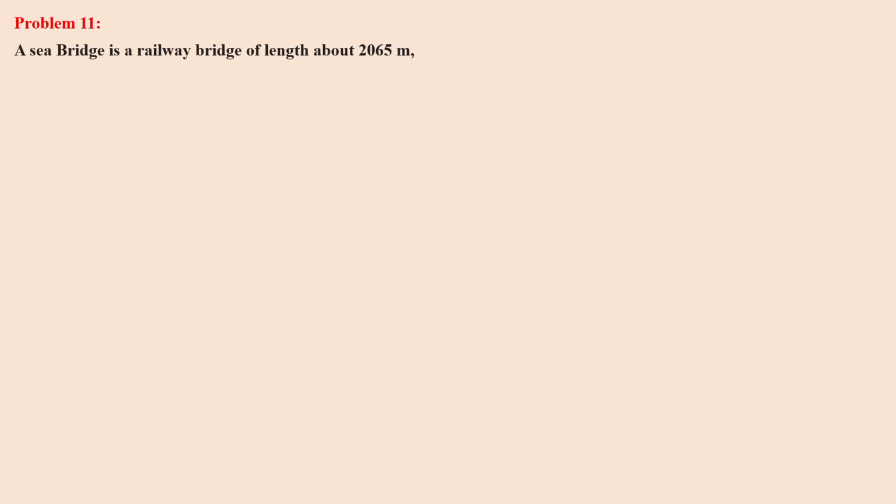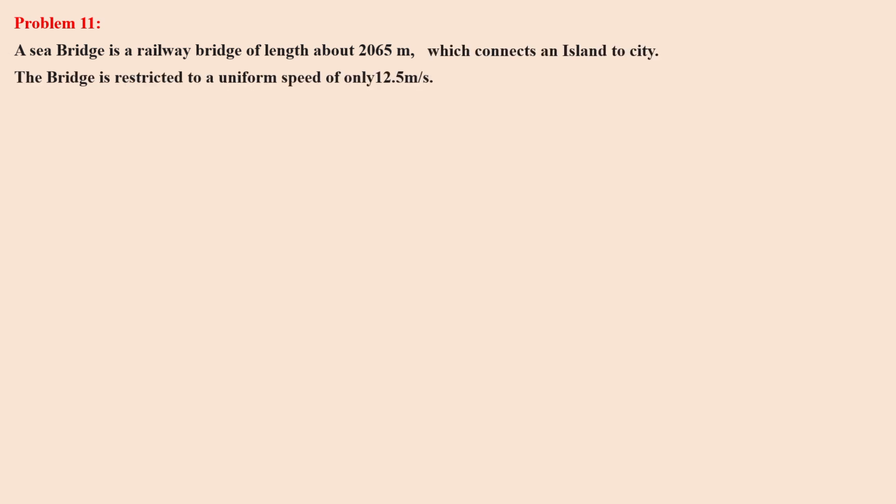So next problem. A sea bridge is a railway bridge of length about 2065 meters which connects an island to a city, right? The bridge is restricted to a uniform speed of only 12.5 meters per second.